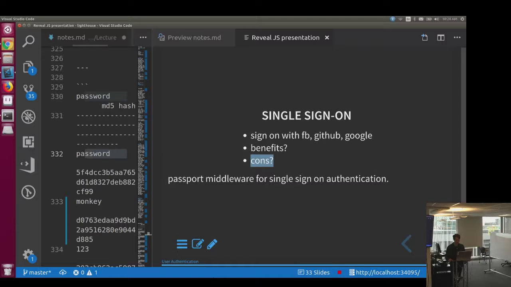What are some cons maybe? Yeah. If the user loses their Google account, they can't get into your service. I don't know the mechanics behind it, but I got an email recently saying that it had been hacked, but I used Google, and I just assumed that Google was separate, that they weren't really sharing that information, like the password wouldn't be through them, but I don't know if that's true or not.